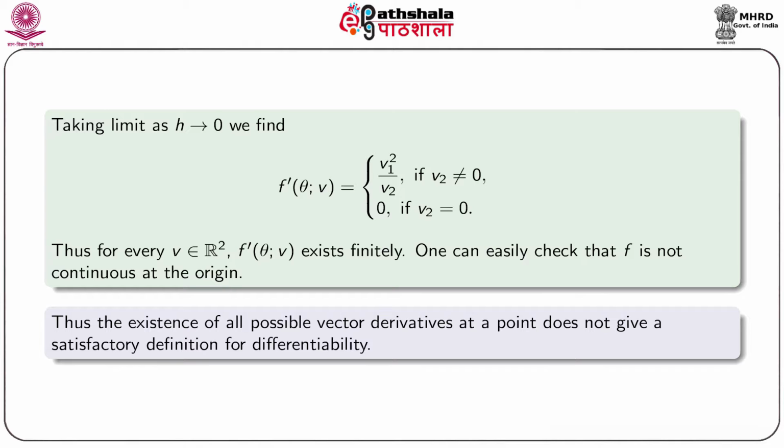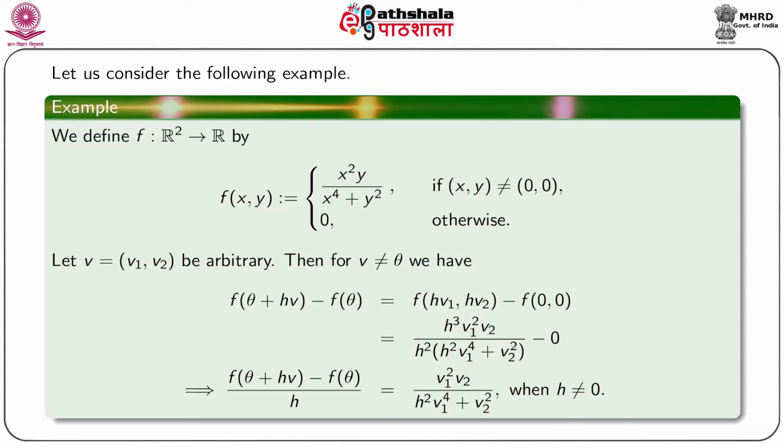Now let us recall the definition of f. It is f(x, y) defined by x²y by x⁴ + y² for non-zero (x, y), and at origin it is 0. Let us approach the origin along the curve, say y equal to mx², where m is real. We can find out that it gives different values for different values of m.